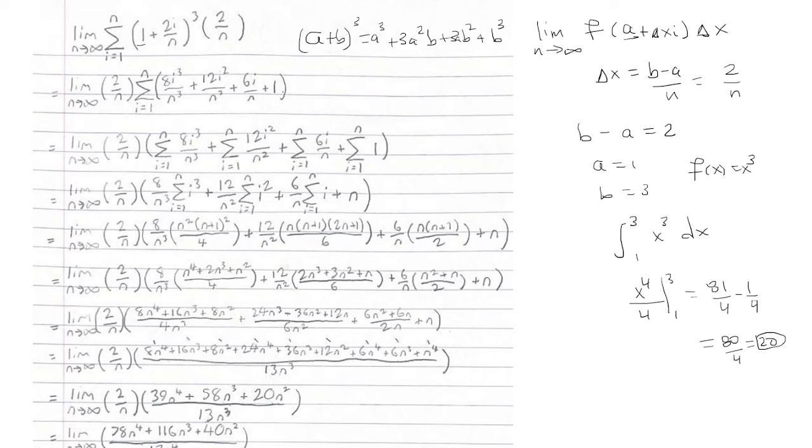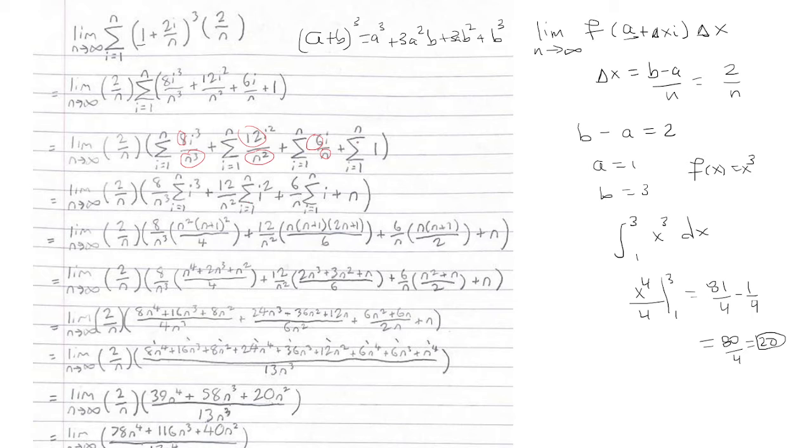So this is good so far. At this point, the student broke this up into 4 separate sums, which is good. Then because the index of the summation is i, you can factor out the 8 over n cubed, the 12 over n squared, and the 6 over n.